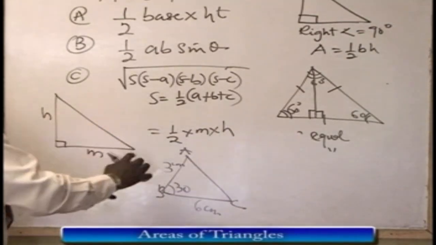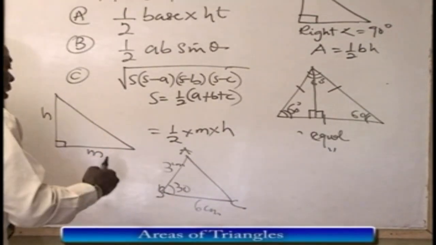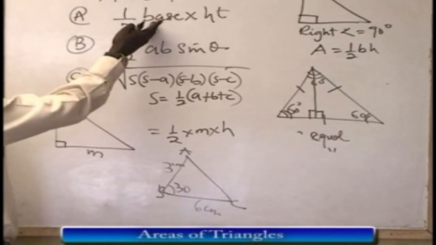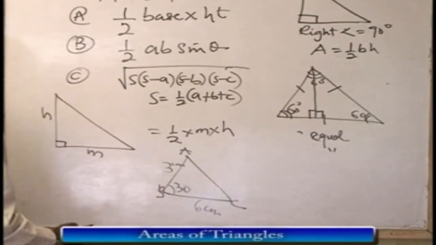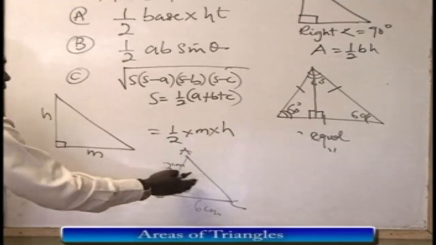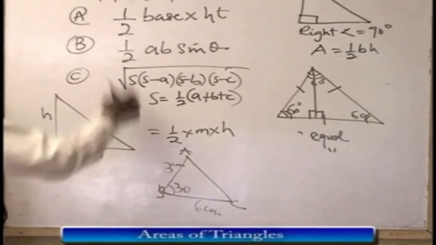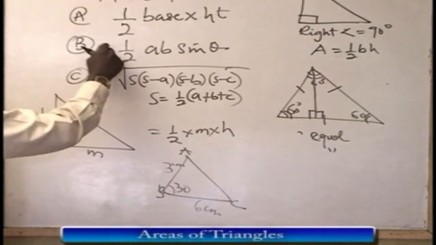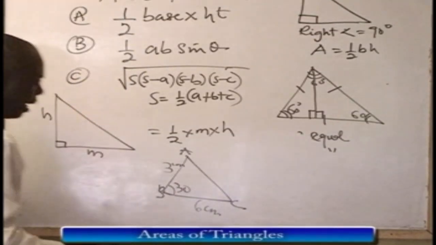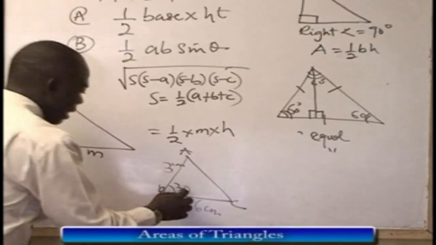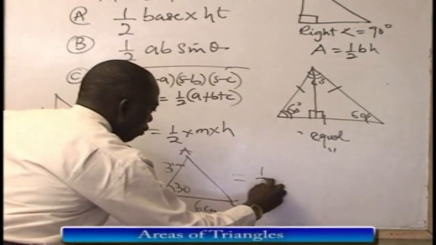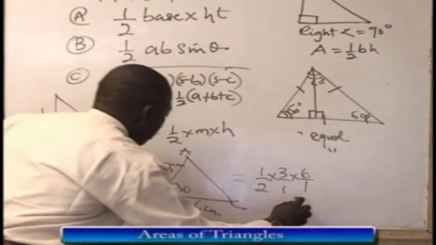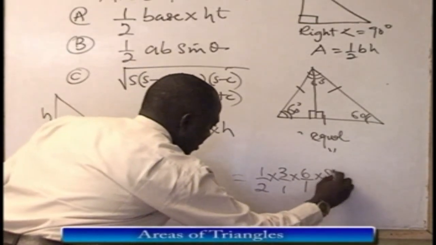The second formula gives you the opportunity to determine the area, because in this situation the height of the triangle is unknown. So you apply the second formula, which gives you 1/2 times 3 times 6 times sine 30.